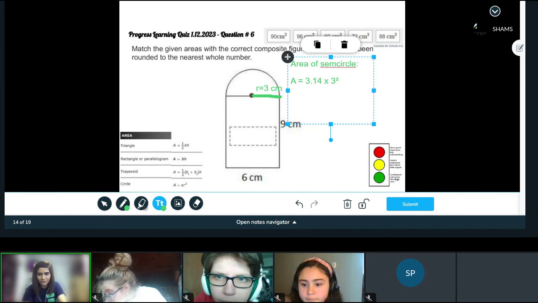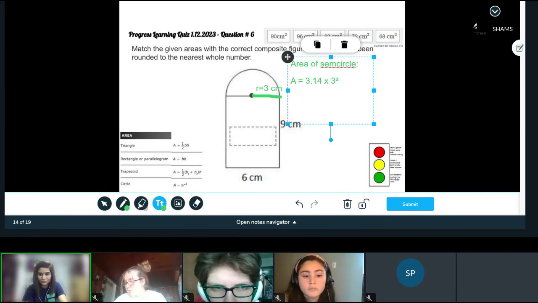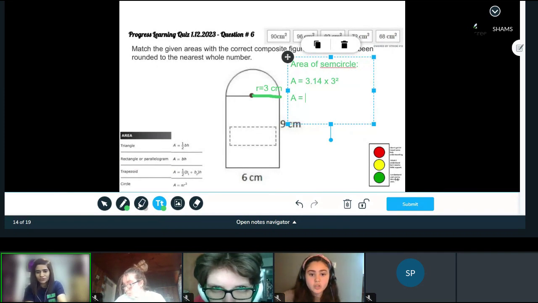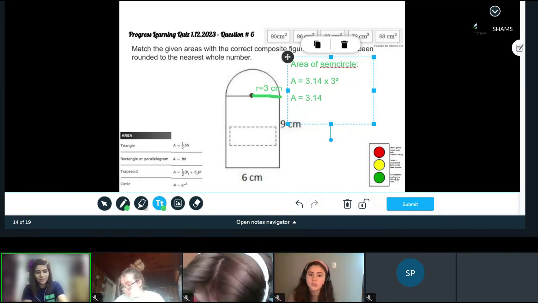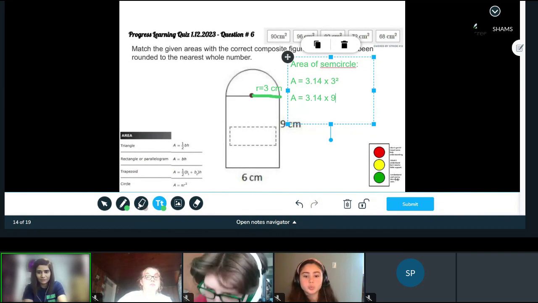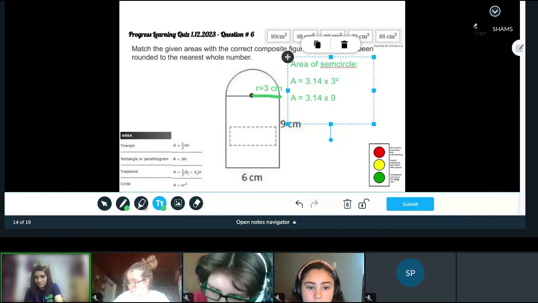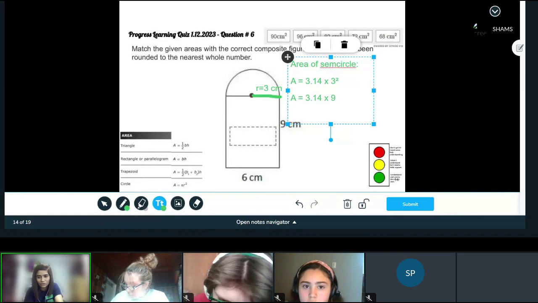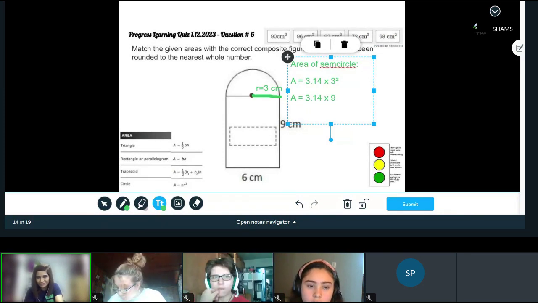Square the radius. 3 times 3, you get 9. Then times pi. That gives you the area of the circle. So people, how much is 3.14 times r squared, 9? How much? Can someone tell me? How much is 9 times 3.14? I am waiting.